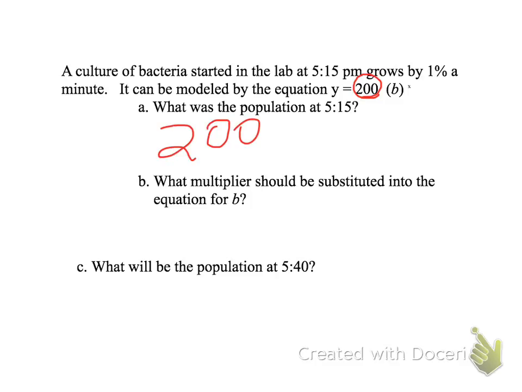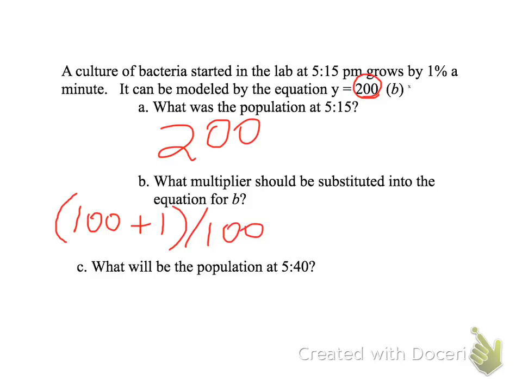What multiplier should be substituted into the equation for B? So here is where we're going to have to use those notes from the previous slide. To get a multiplier when we have growth, we always start with 100% and we add the percentage growth. Now, sometimes I told you to add that and then change it to a decimal, but the formula I gave you on the page before just goes ahead and puts that in parentheses and divides by 100.